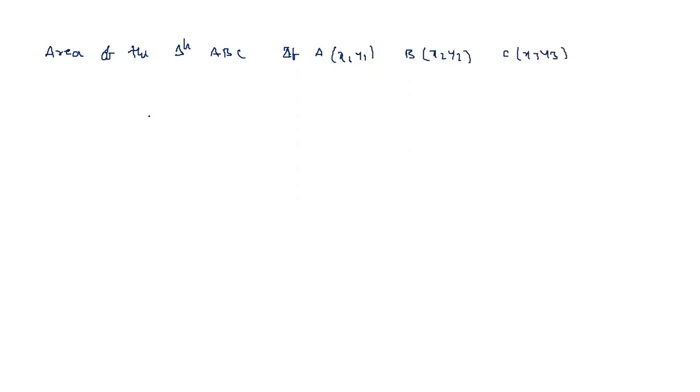How to calculate area of the triangle, students? Suppose I'm giving a triangle, how to calculate the area? I give the A coordinates, B coordinates, C coordinates. Students, please respond.